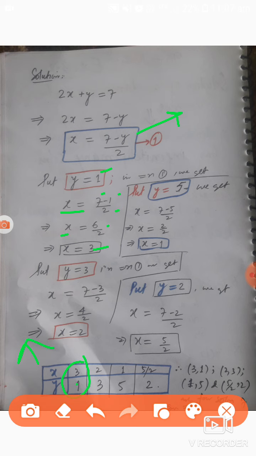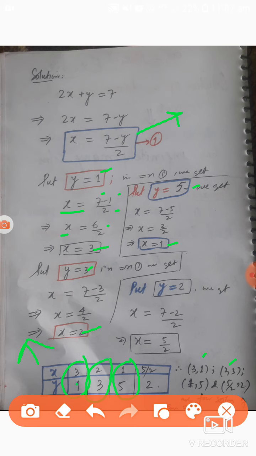Now another pair. For y equal to 3, we get x equal to 2. We note it as another pair of values, 2 comma 3. For y equal to 5, we get x equal to 1, so another pair of values is 1 comma 5. That is the third solution.